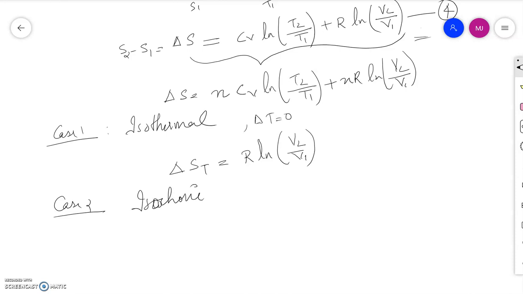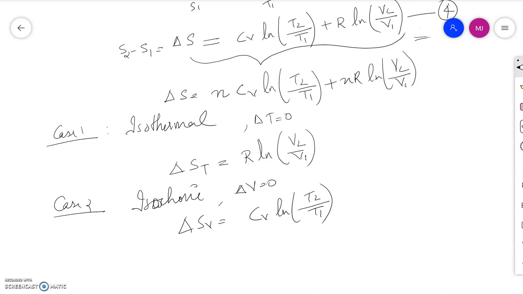Now case 2, for an isochoric process. What do you mean by isochoric process? A process where volume remains constant, or delta V is equal to 0. Therefore equation 4 becomes delta S_V, that is equal to Cv ln T2 by T1.